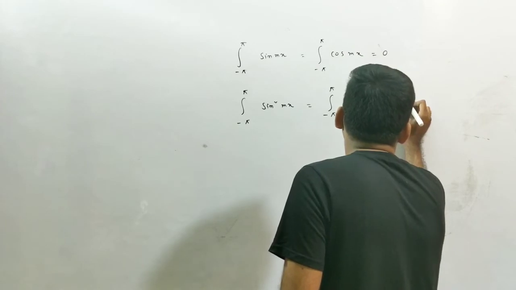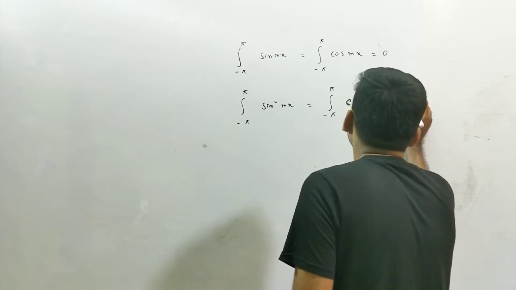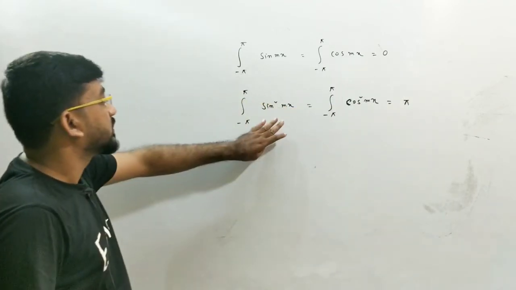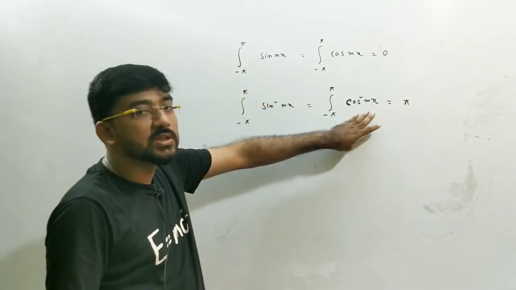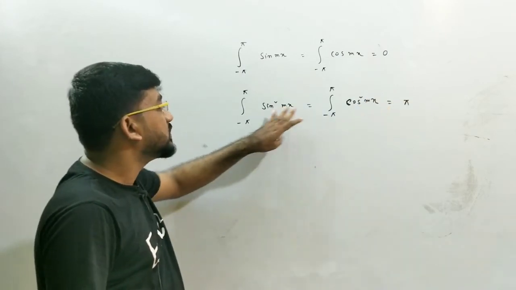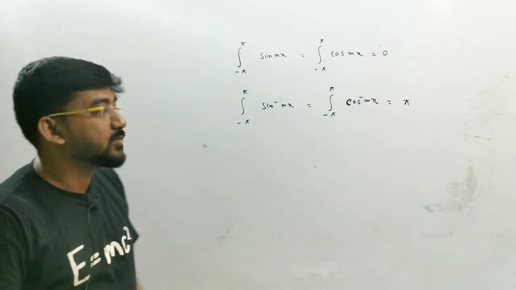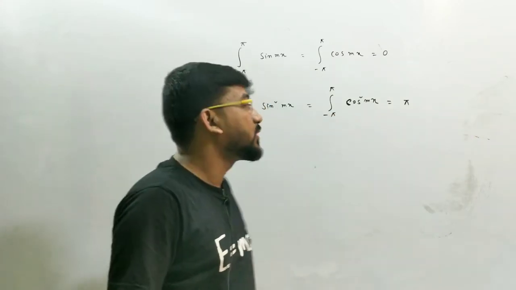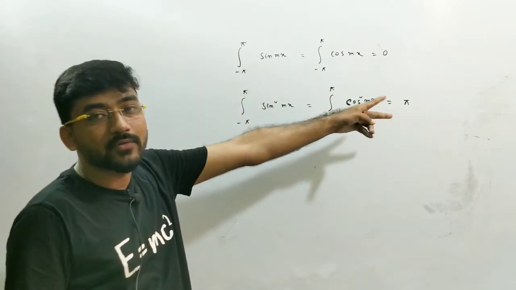The value will be pi, but the average value will be half. This value will be pi, because individually if you add these two, you will get 2 pi, so each will give you pi. If you divide by 2 pi, then you will get half. So if you want the average value, it will be half.